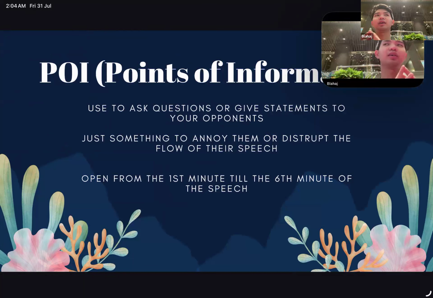So this is another thing, what we call points of information, where during the time POIs are allowed, which is only during the first, second, and third speeches, after the first minute mark until the 6 minute mark. You use this time to ask a question or give a statement towards your opponent.